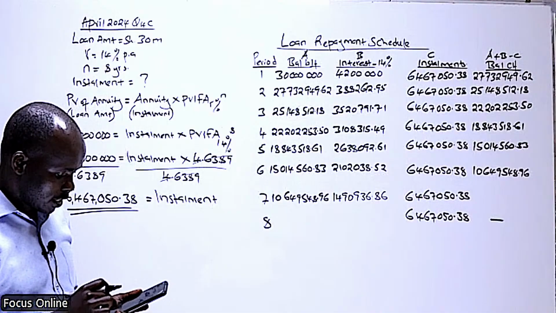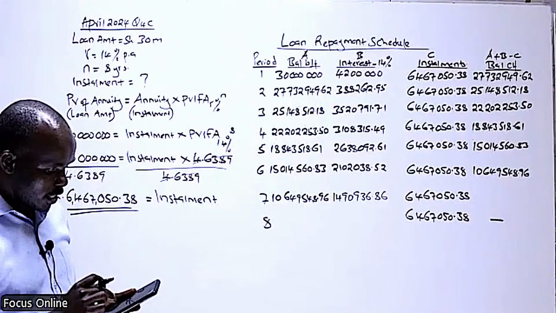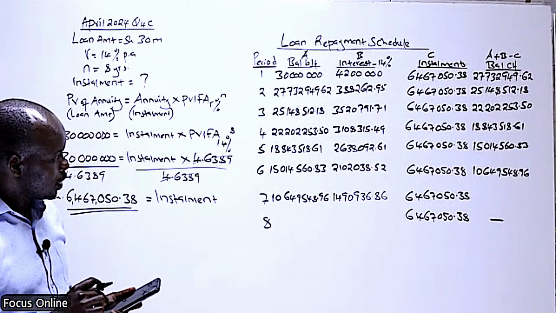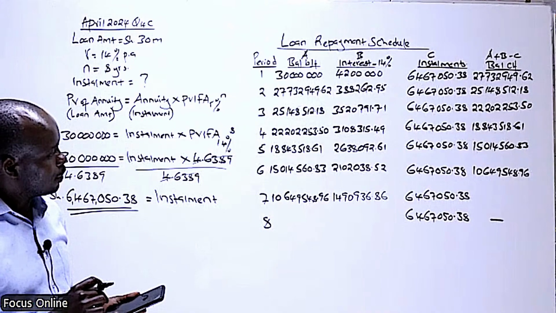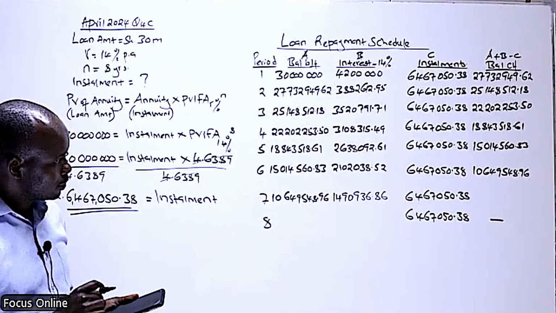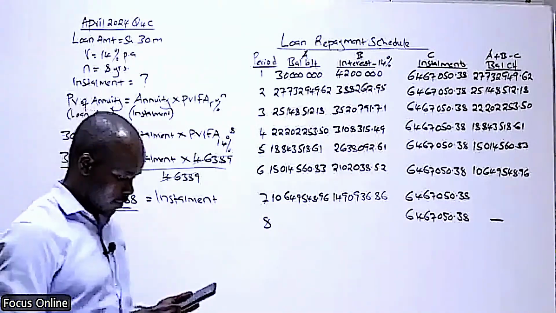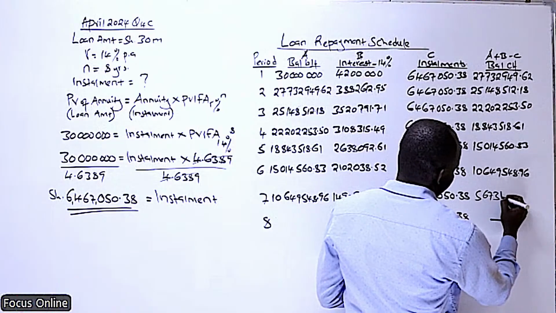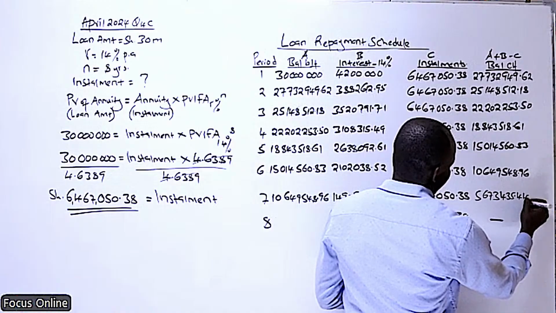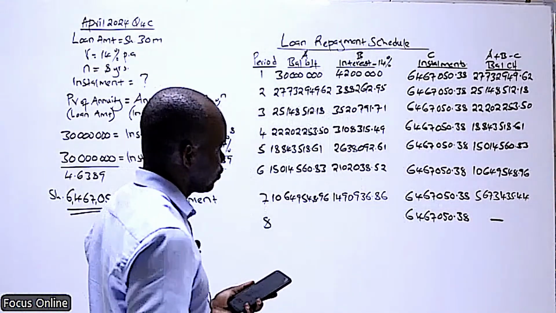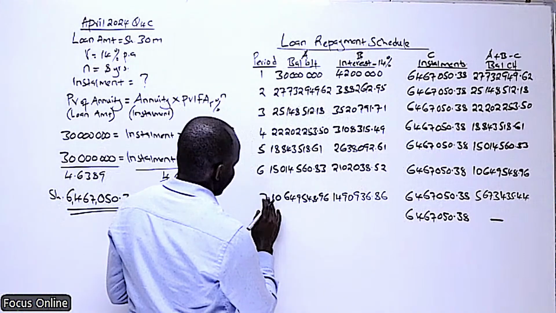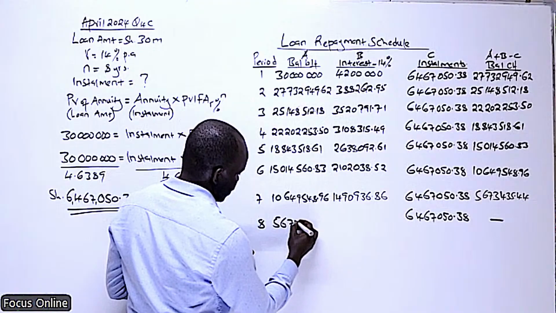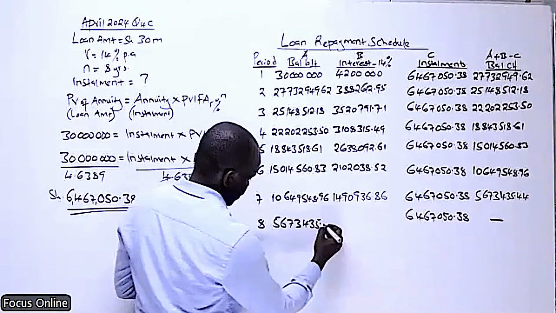Add to the balance brought forward 10,649,548.96 minus the installment 6,467,050.38. That gives 5,673,435.44.